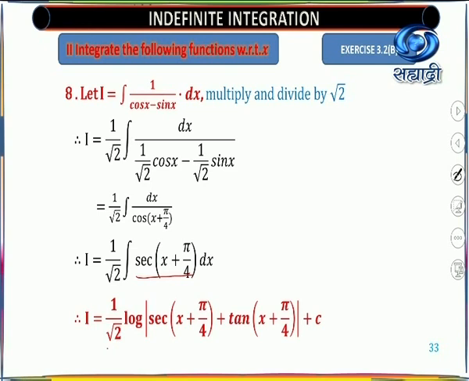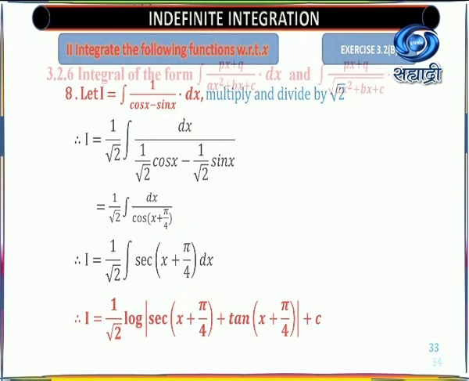So 1 upon root 2 as it is, and you use the formula directly. This is nothing but t. As usual, the pi by 4 does not matter, as it is a constant, just as in differentiation, it does not matter in integration also. So you get log of mod of sec of x plus pi by 4 plus tan of x plus pi by 4 plus constant of integration.